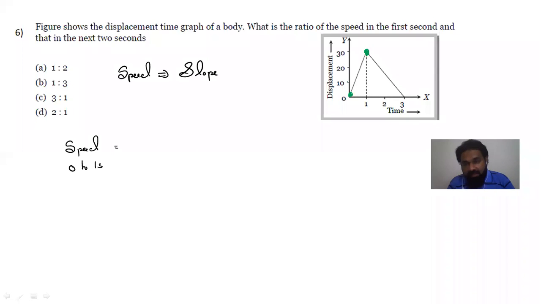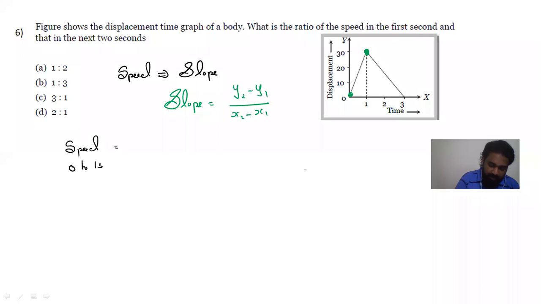If angle is given, we will take tan theta. If angle is not given, what we will do? Mathematically, slope is nothing but y2 minus y1 divided by x2 minus x1. Here in the y-axis, this is displacement, and in the x-axis, this is nothing but time.